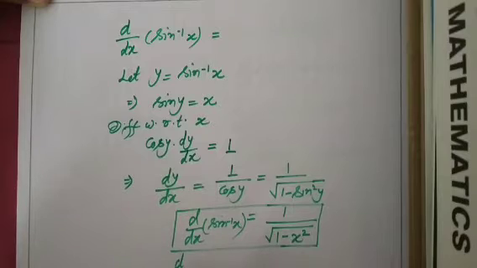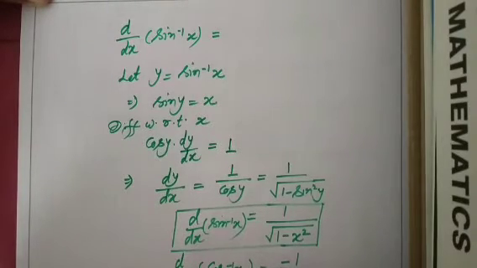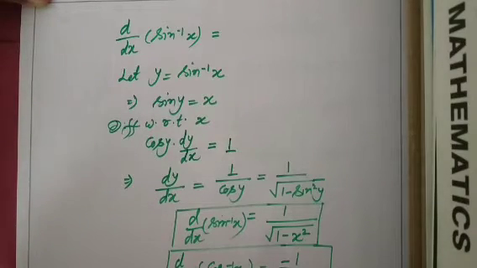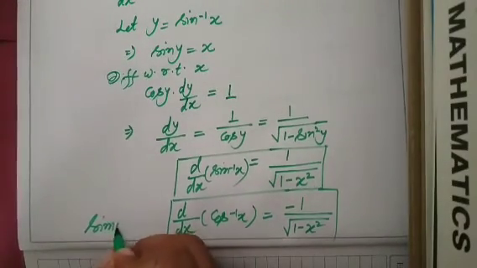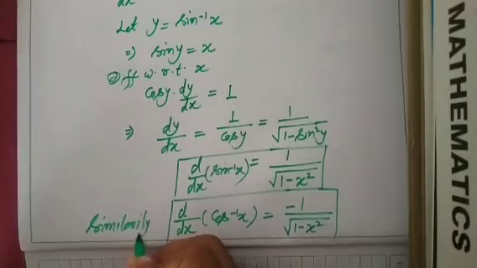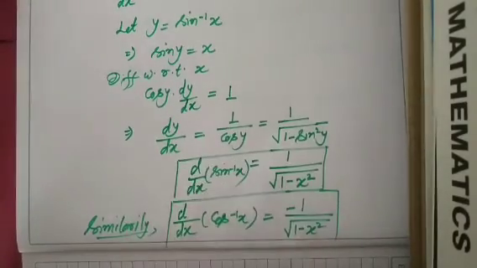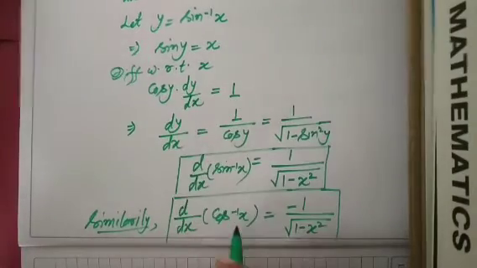So the formula for the derivative of cos inverse x is exactly the same as sine, only with a minus sign. I hope this is simple to understand; in the same process as sin inverse x, you can find the derivative of cos inverse x.